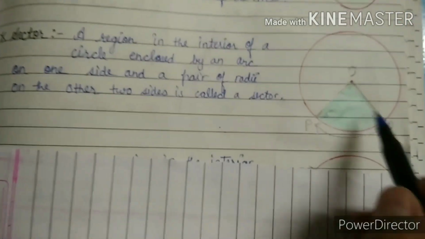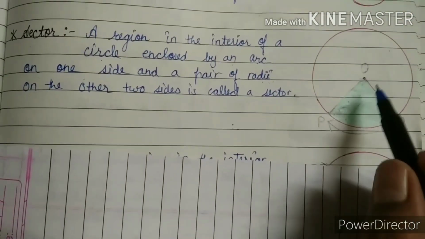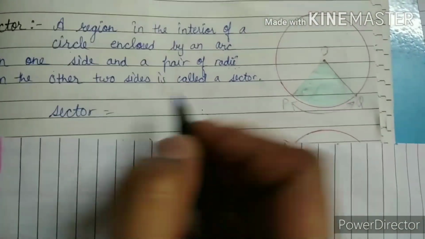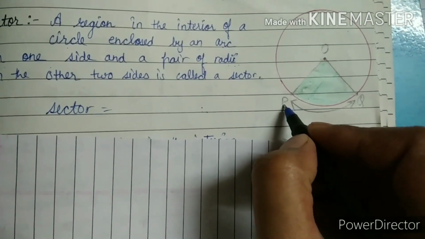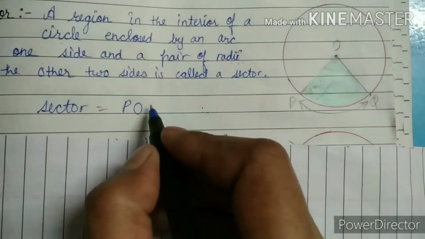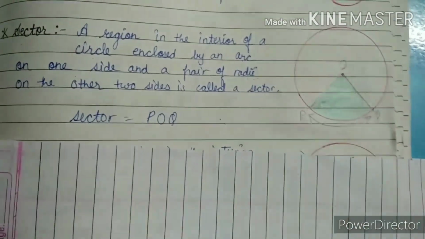As you can see, the green region is called a sector. It starts from P, O, Q. So this is the sector of the circle.